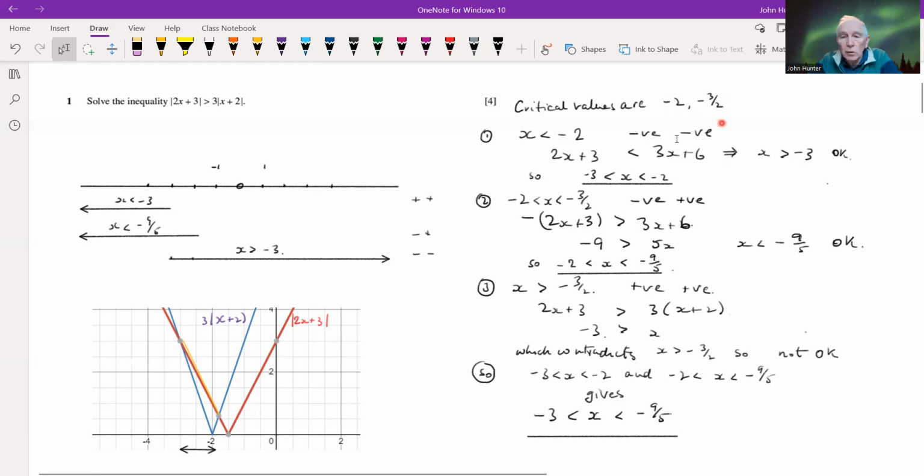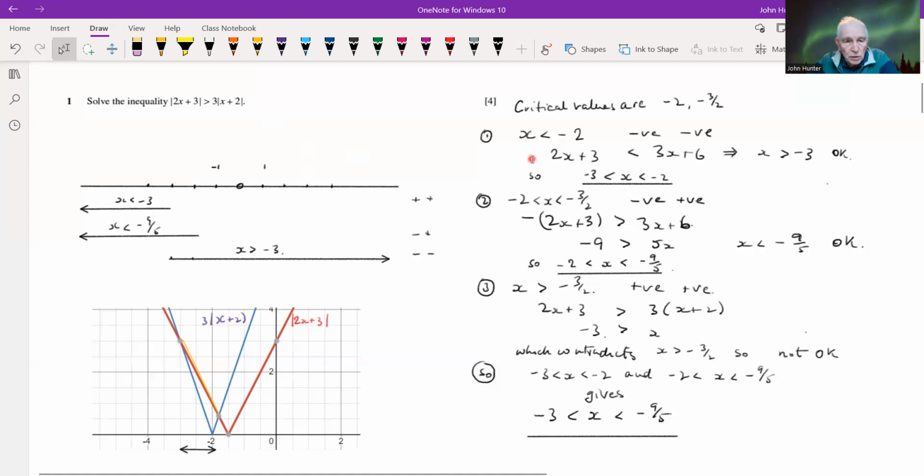The first one we're going to look at is the leftmost, x is less than minus 2. Now in that situation, both of these absolute values are going to take the negative value. So what we can do is replace the absolute value lines by brackets, and then take the negative of that.